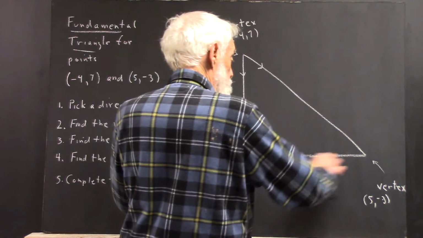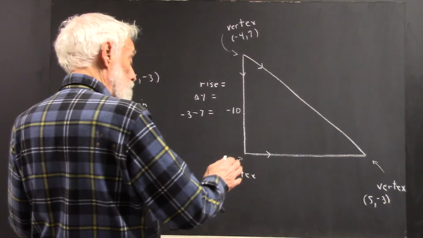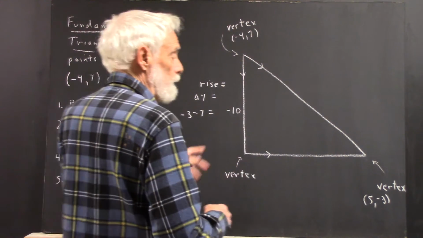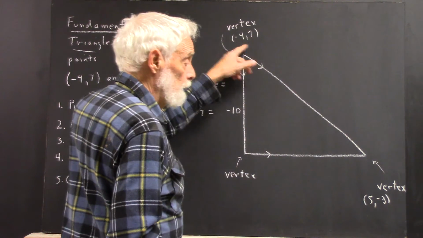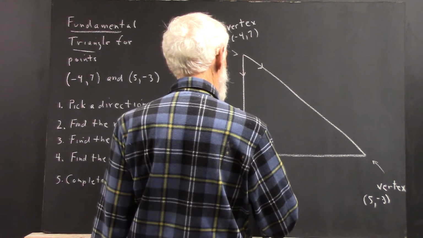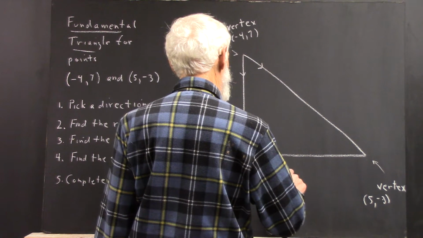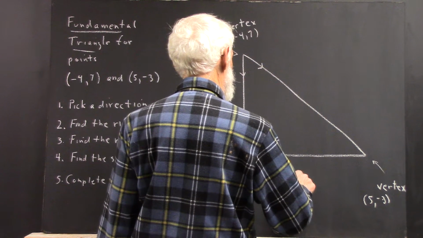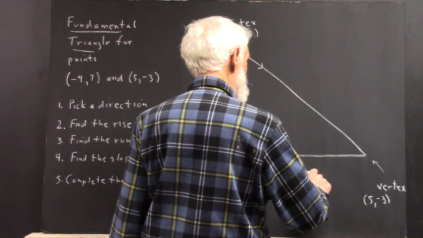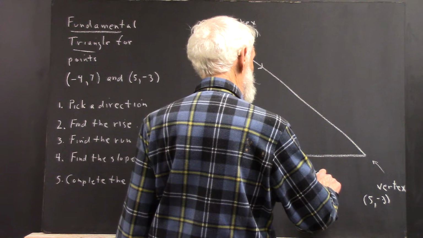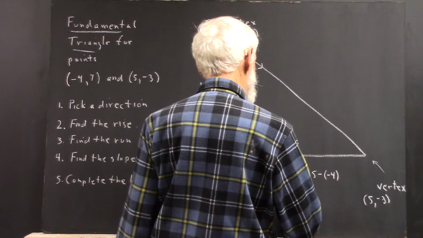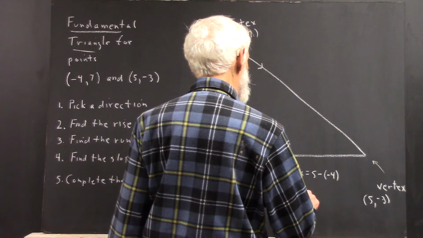Okay? Then the run is the horizontal leg, the displacement from here to here in this direction. And we're going from x-coordinate -4 to x-coordinate 5. So, run is change in x, which is the later value minus the initial value, which is 9.